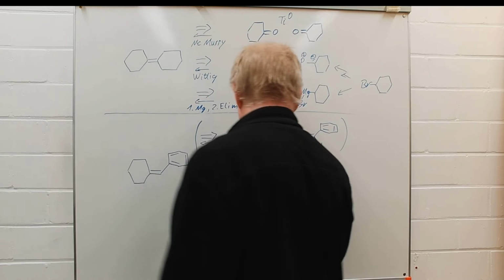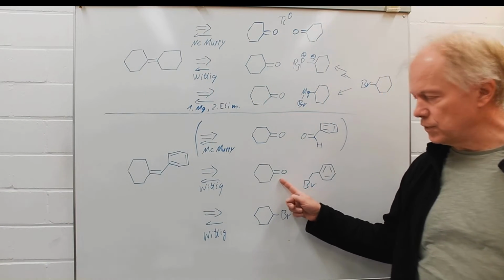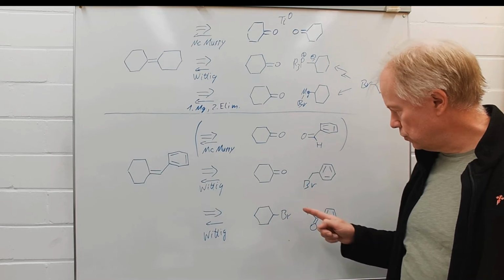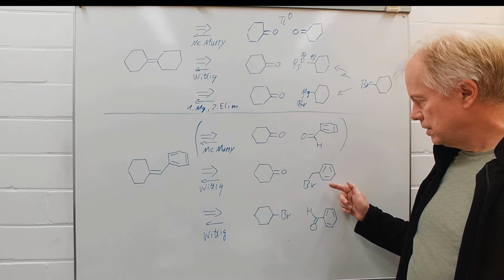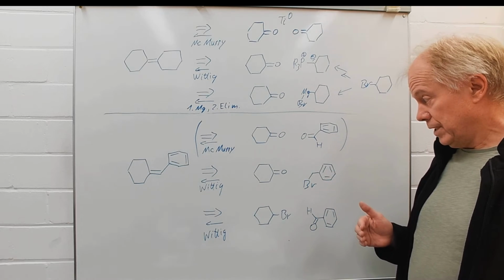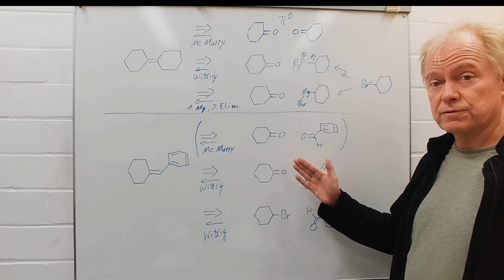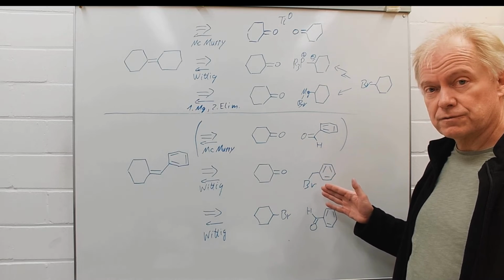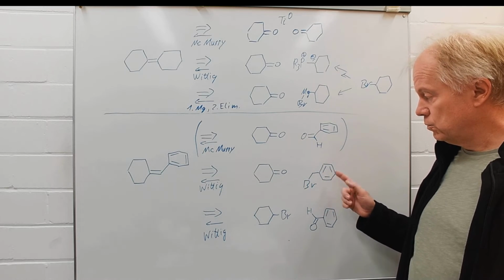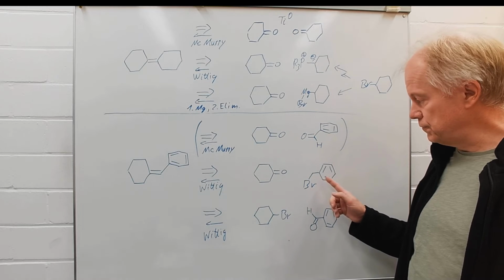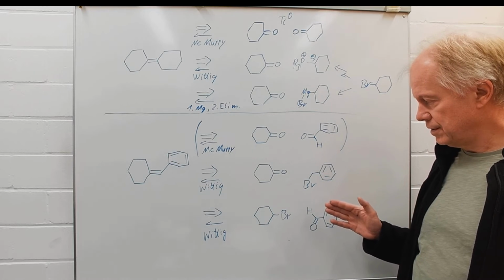Well, 2 possibilities, either from cyclohexanone and benzylic bromide. This works very well since the triphenylphosphine would easily react with the benzyl bromide.